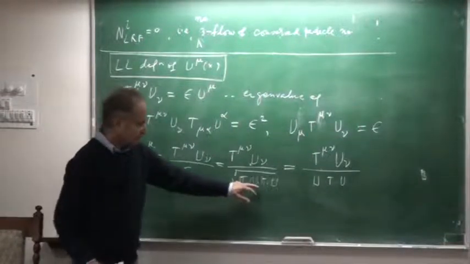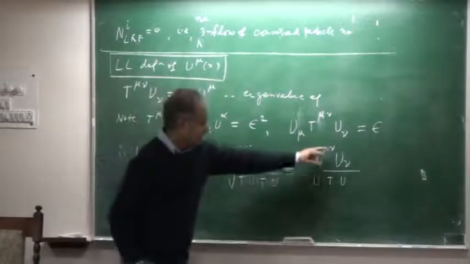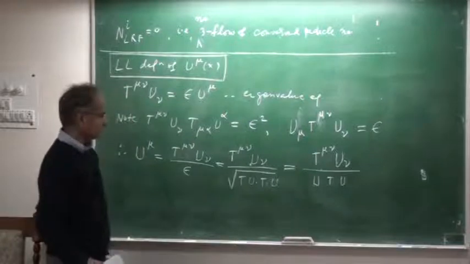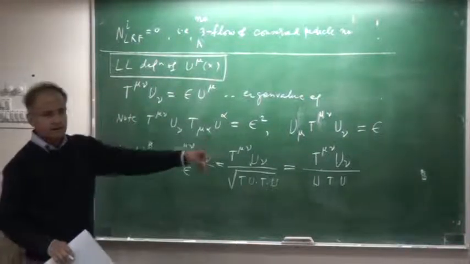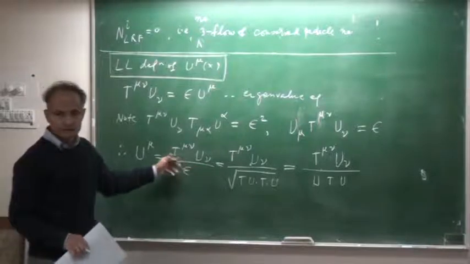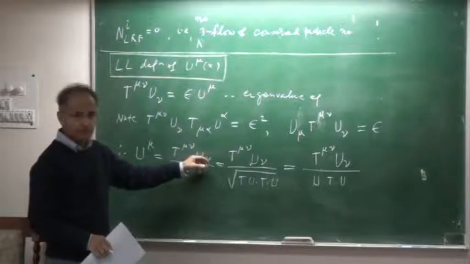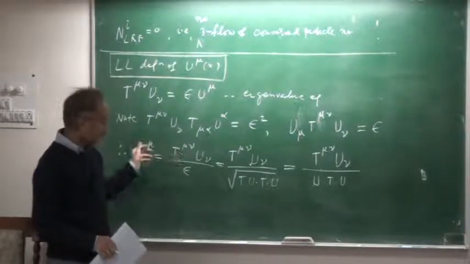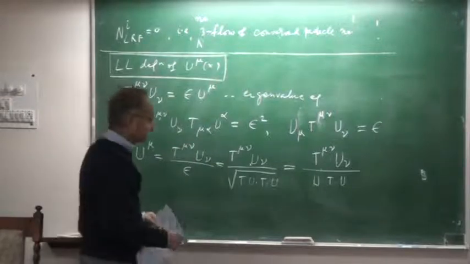This T dot U dot P dot U stands for this, and UTU stands for this. So unlike in the Eckart case, this is not an explicit definition, because you're writing u mu in terms of u mu. It's u mu on both the right hand side as well as the left hand side. So this is an implicit definition.